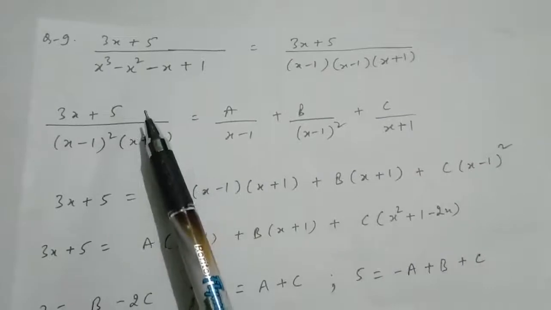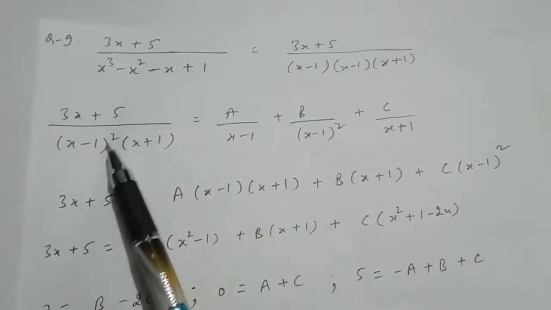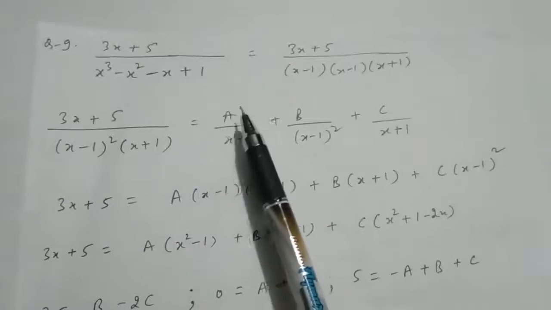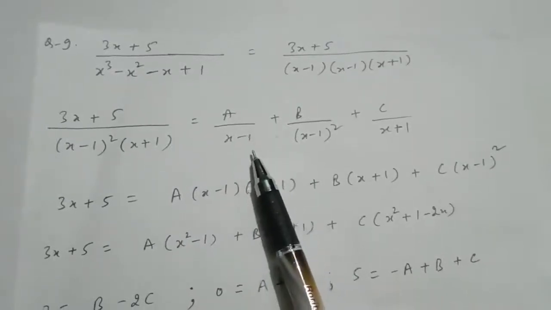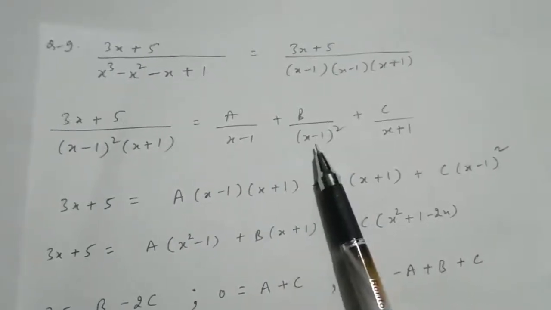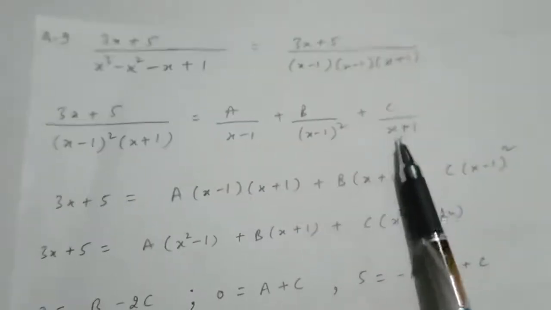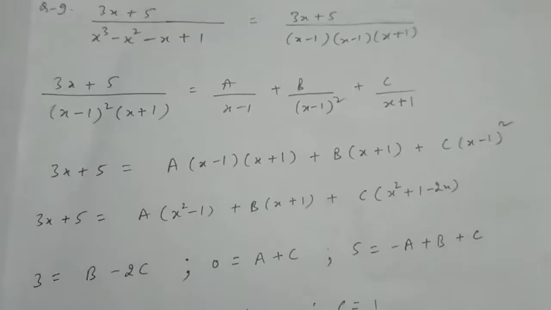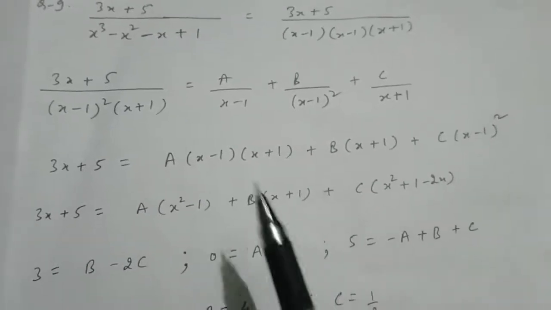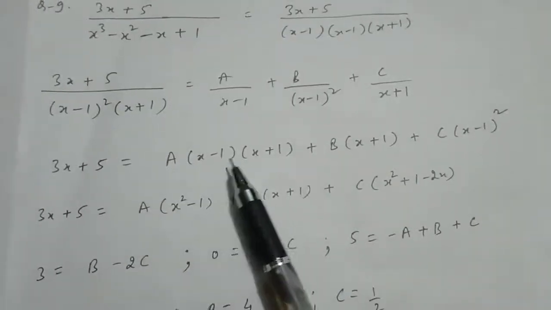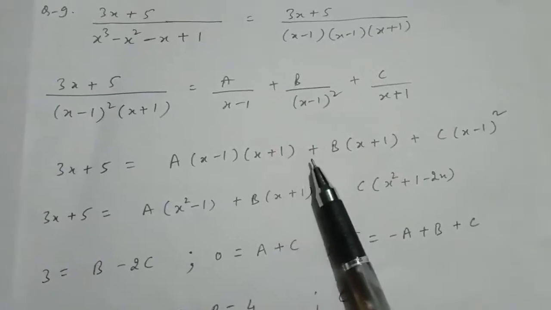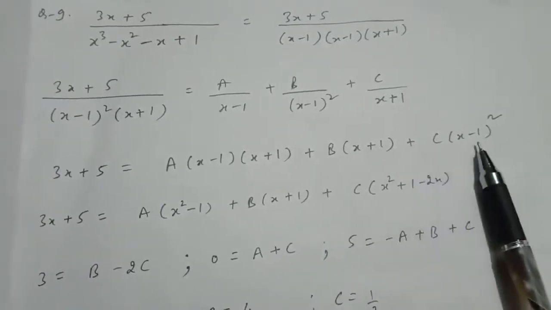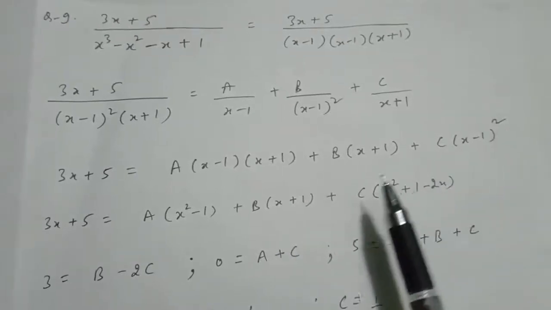So this will become 3x plus 5 upon x minus 1 whole square into x plus 1, which can be written as a upon x minus 1 plus b upon x minus 1 whole square plus c upon x plus 1, right? Now take out LCM, then you will get a into x minus 1 into x plus 1 plus b into x plus 1 plus c into x minus 1 whole square, right?